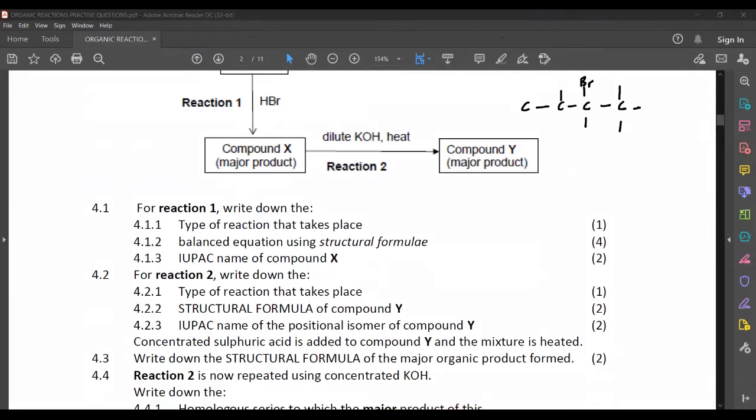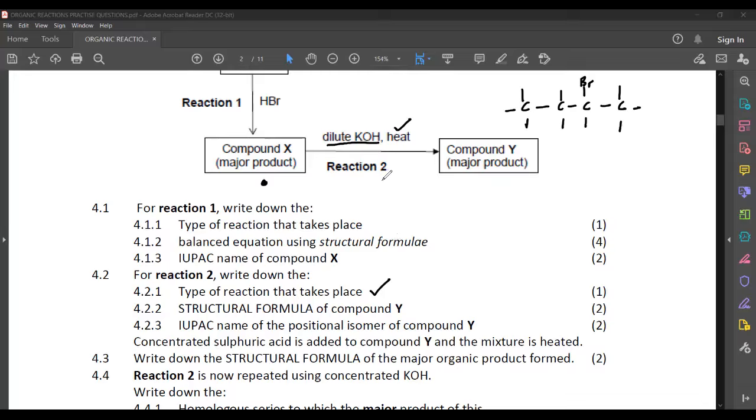It says now in 4.21, for reaction 2, write down the type of reaction that takes place. So for reaction 2, they're coming from compound X, dilute base, and heat. Dilute potassium hydroxide, it's a base. Sometimes they use sodium hydroxide.